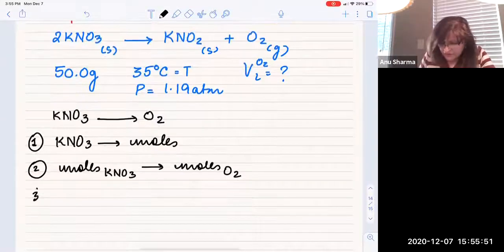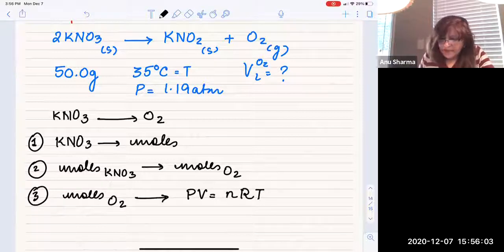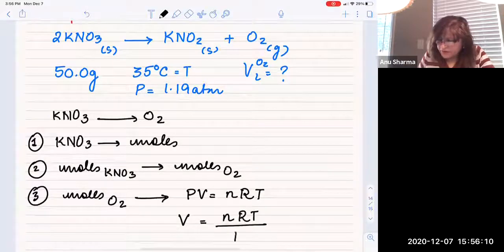Now we have the moles of oxygen, right? And you just plug those into PV = nRT. Since we need to find the volume, volume is equal to nRT over P.